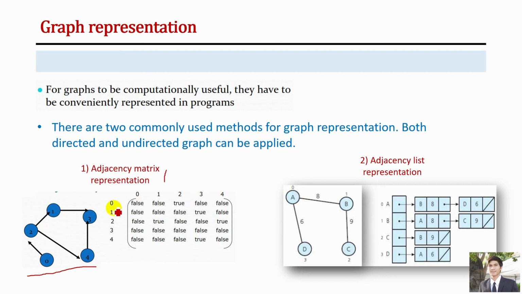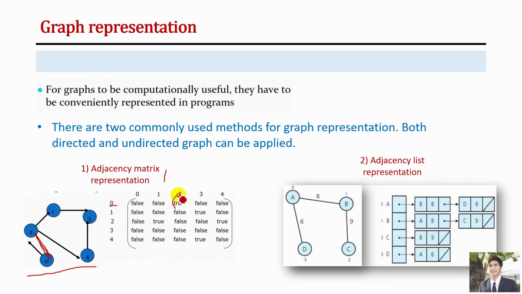If there is a line connected from one node to another, we say true, or we say false if they are not connected. And sometimes we just use 0 or 1. For example, in here, from 0 to 2, right? From 0 to 2. So we have the 0 here, 2.